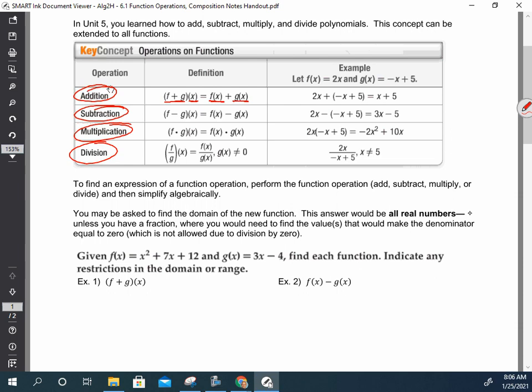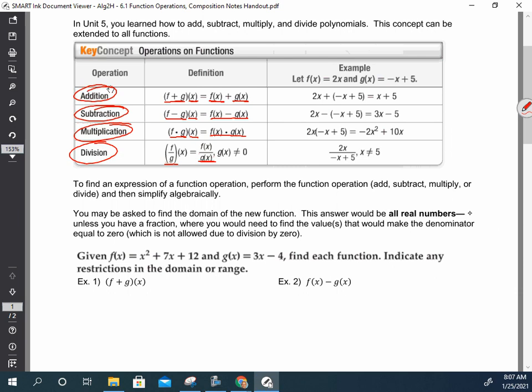That does not mean distribute x to f and x to g. That's not what that means. F minus g parentheses x means subtract. F times g means multiply. F over g means divide. So pretty simple, self-explanatory. Add, subtract, multiply, and divide. Based off of the symbols, that will tell you what you need to do.